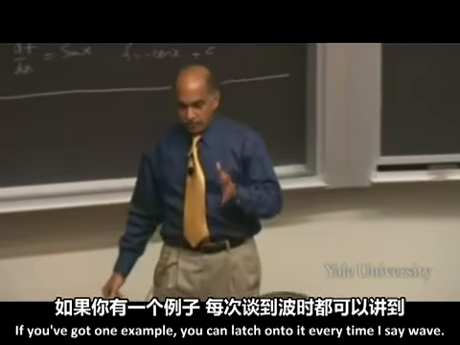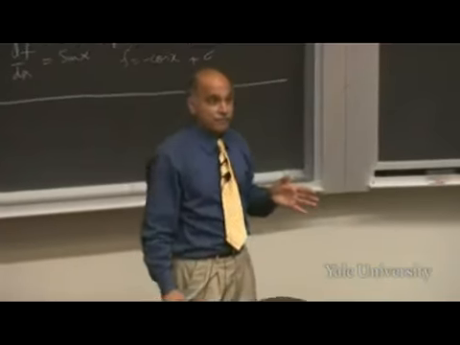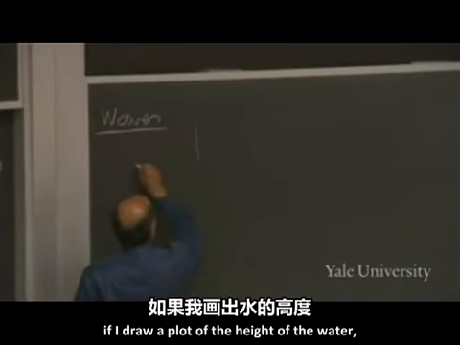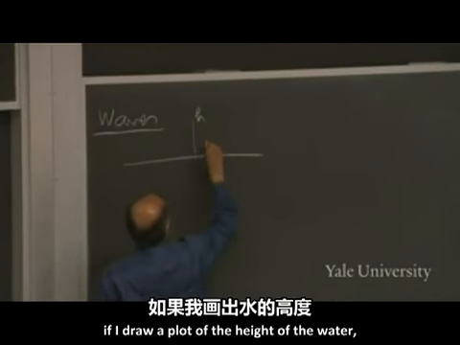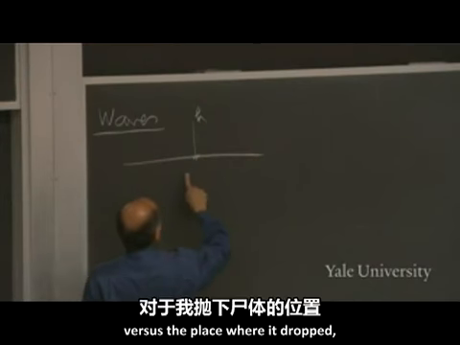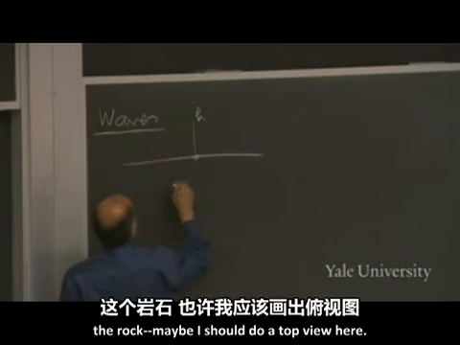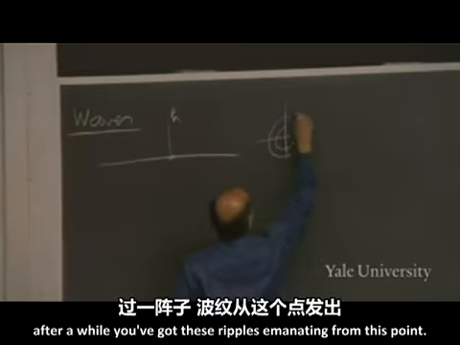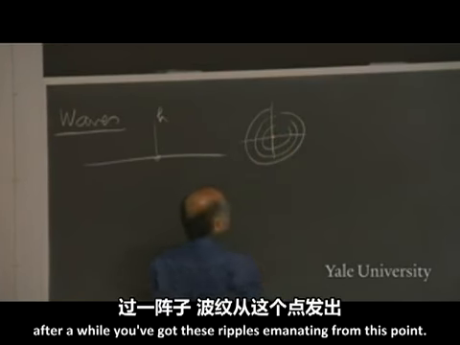If you've got one example, you can latch onto it every time I say wave. So what's the wave in this problem is that if I draw a plot of the height of the water versus the place where I drop the rock, or maybe I should do a top view here. If this is the top view, after a while you've got these ripples emanating from this point.